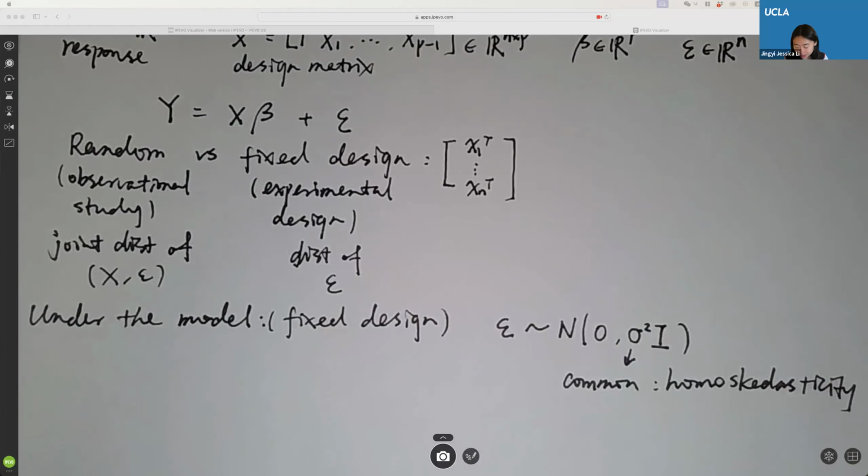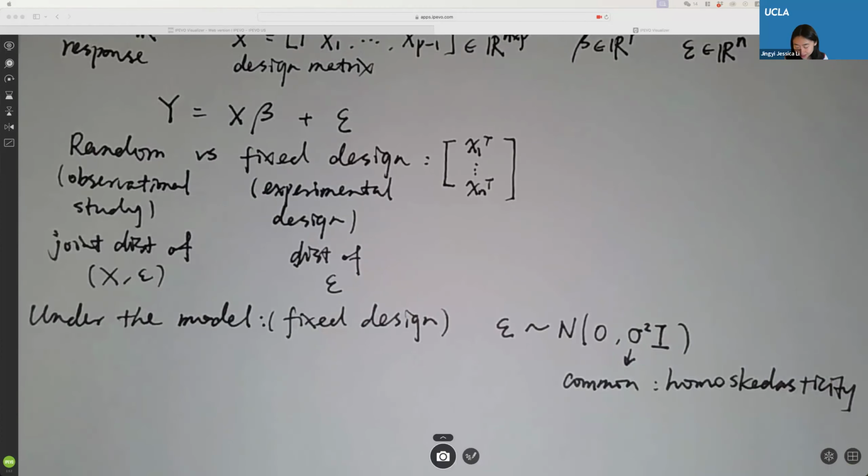Under fixed design, only epsilon is random. Under random design, both X and epsilon are random. But if you want to have some good result for a random design, it is essential to assume X to be independent of epsilon. Otherwise, the coefficient beta may not be so meaningful. That is the practical reason.